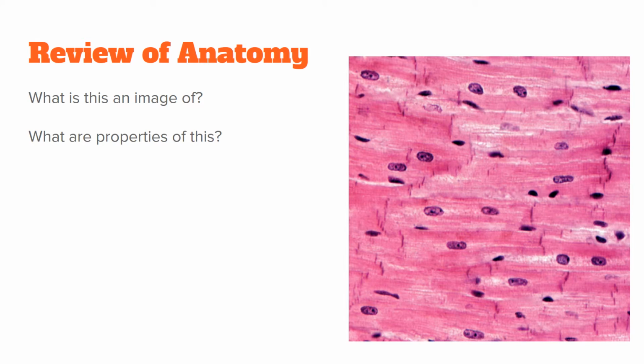These are also striated, but are very different in structure and action as compared to skeletal muscle. These are involuntary because you cannot consciously control them. However, you can control the rate at which they contract, but you can't control the actual method of them contracting.